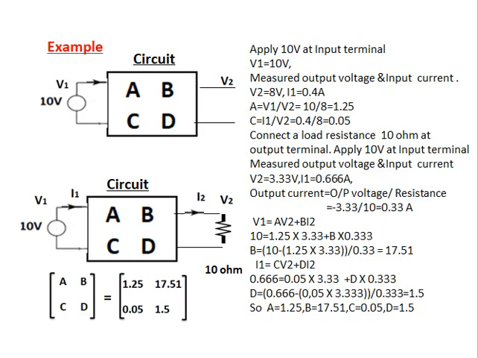I1 is equal to CV2 plus DI2, so 0.666 equal to 0.05 into 3.33 plus D into 0.33. D is equal to 0.666 minus 0.05 into 3.33, whole divided by 0.33, equal to 1.5. So A is equal to 1.25, B is equal to 17.51, C is equal to 0.05, D is equal to 1.5.